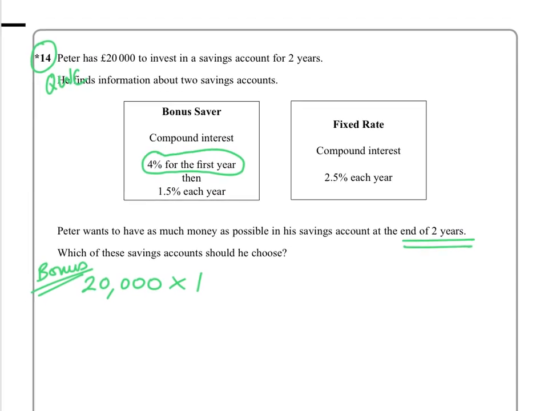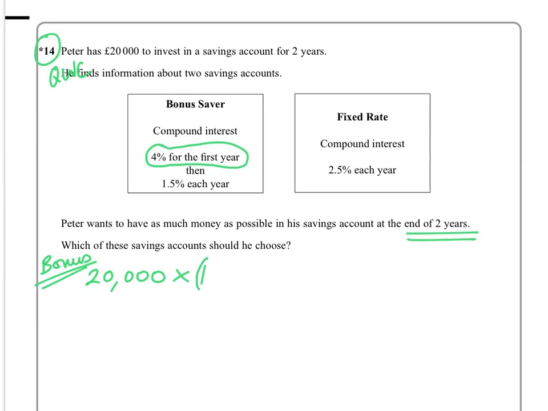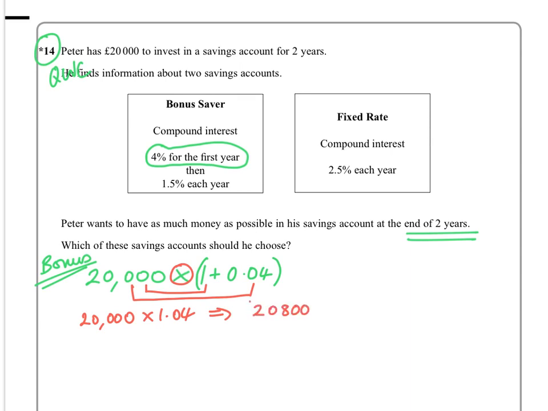And then if you think about 1 plus what 4% is, and 4% is 0.04 as a decimal, then you'd have the 20,000, and then you'd also have 4% of the 20,000 added on. So if you do 20,000 times 1.04, that will give you what is left at the end of the first year, which works out to be £20,800.